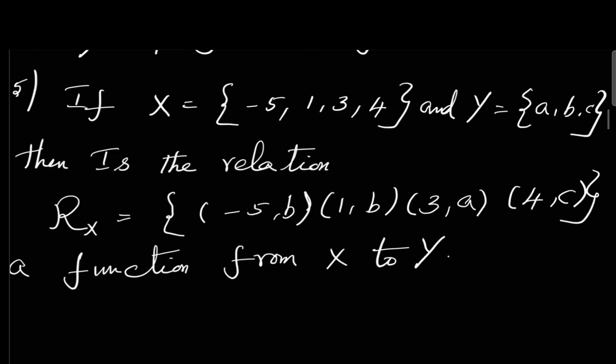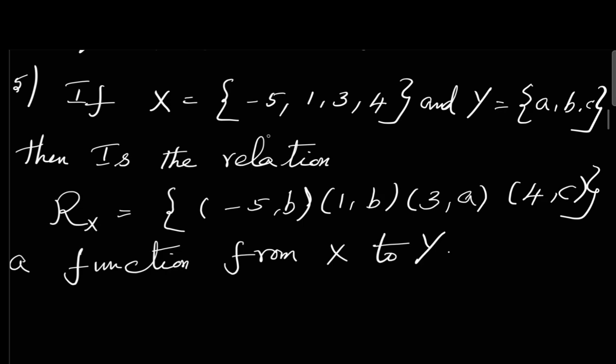See the fifth sum. If X is minus 5, 1, 3, 4 and Y is the set A, B, C, then is the relation R equal to (minus 5, b), (1, b), (3, a), (4, c) a function from X to Y? See the elements of the relation.